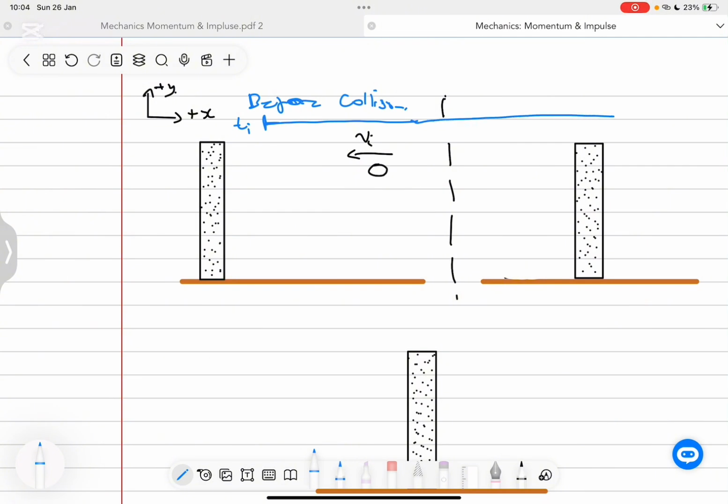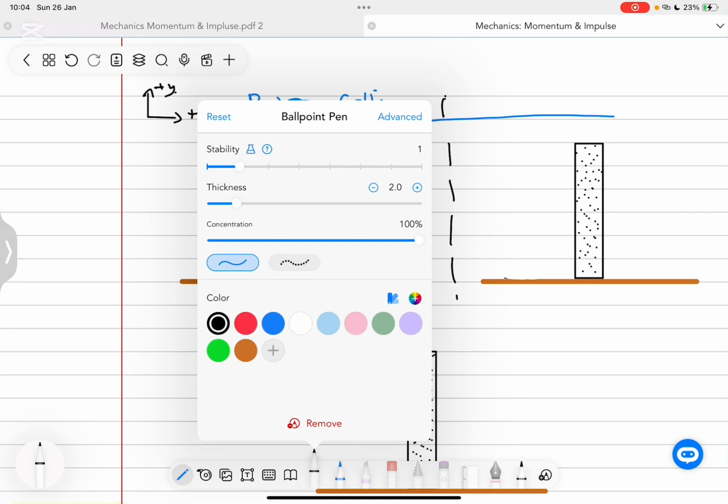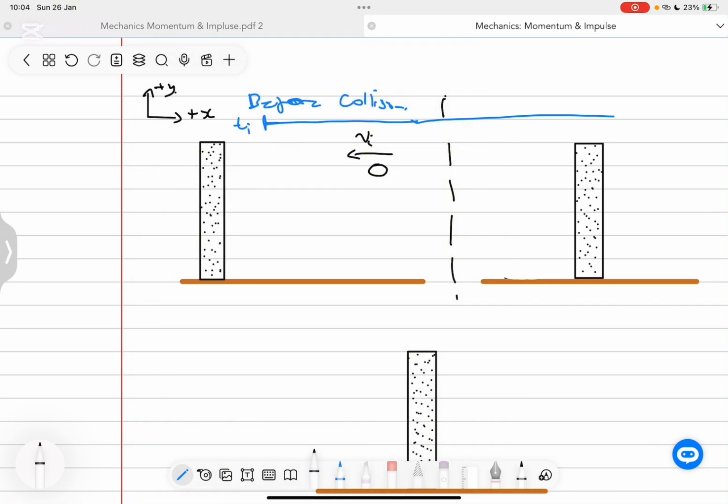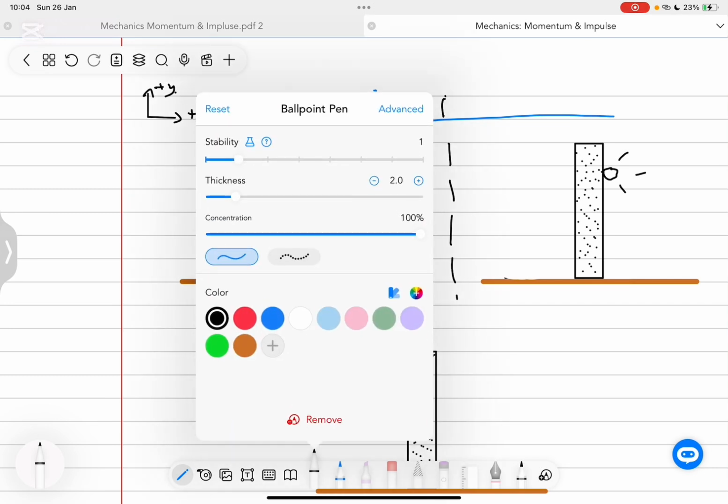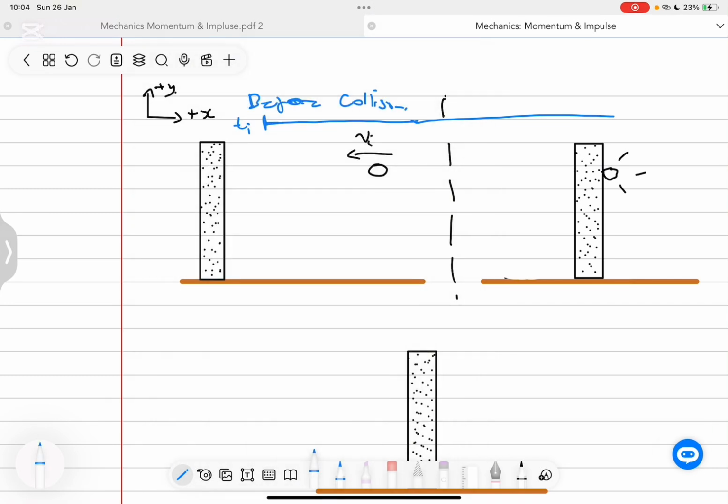So that at some point, as the time increases, the ball will start colliding with the wall. Now you have to notice that the wall will start to exert a time varying force on the ball.